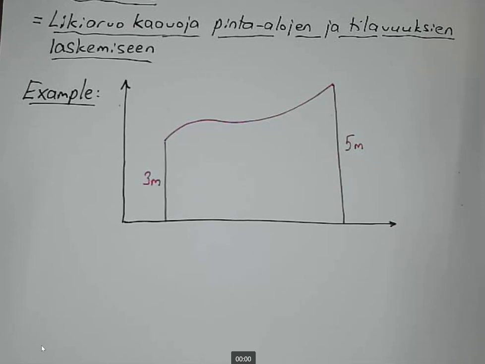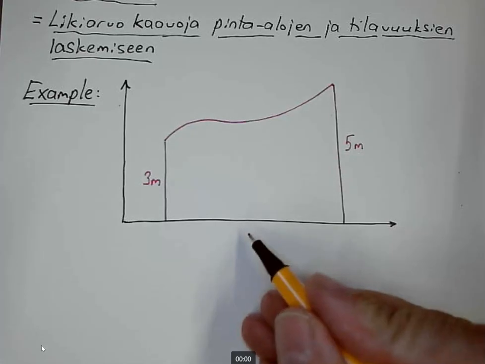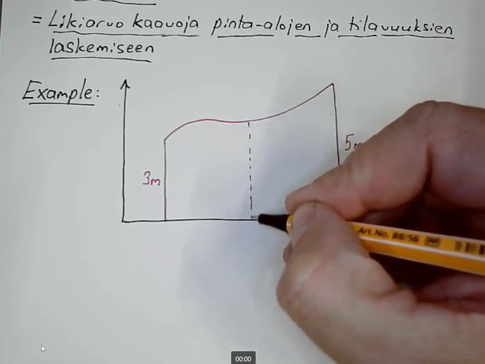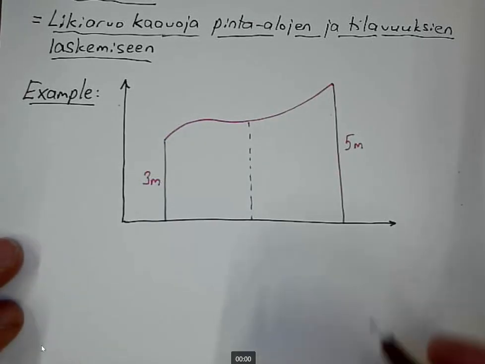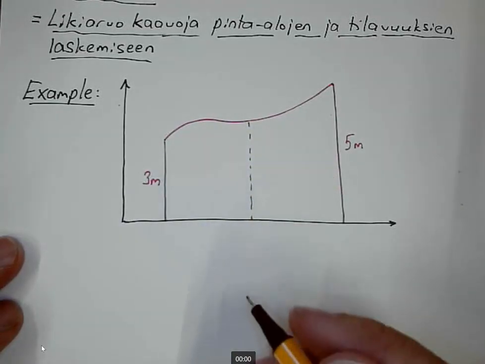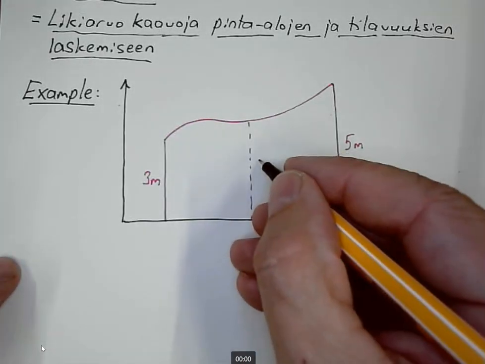And we are using the Simpson formula, and there we need to divide this into at least 2 parts. So I will cut it in the middle. I think this is the middle point. And let's think that this height here, I only guess the values, let's take this height.